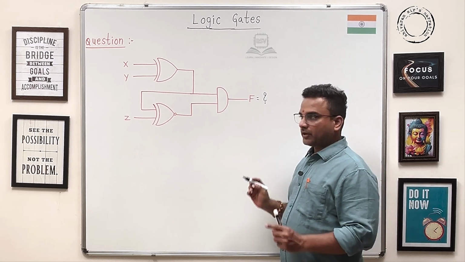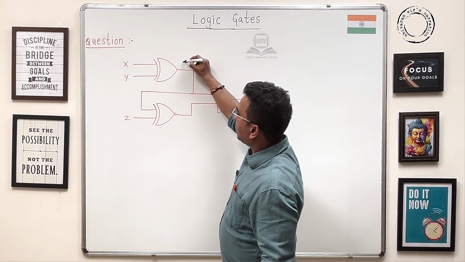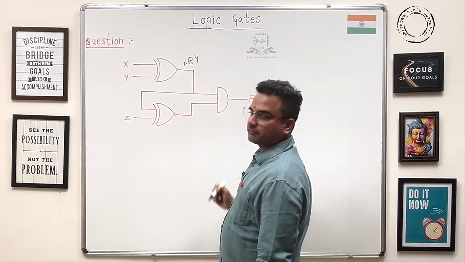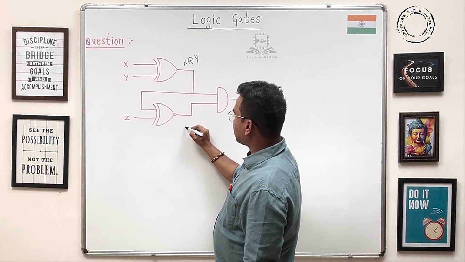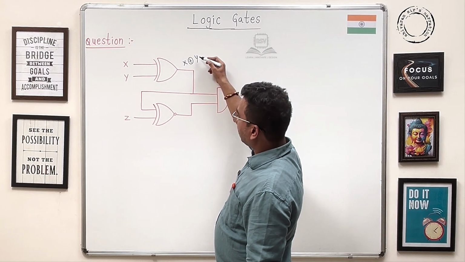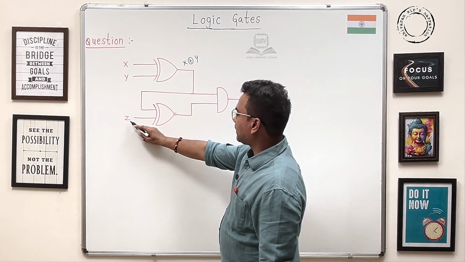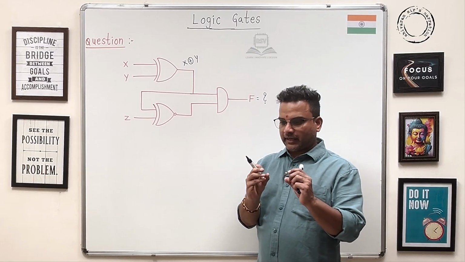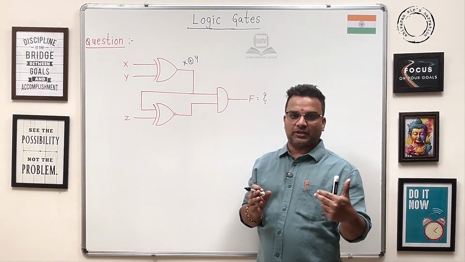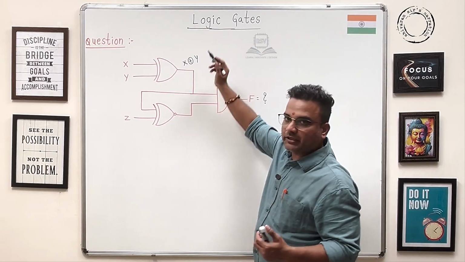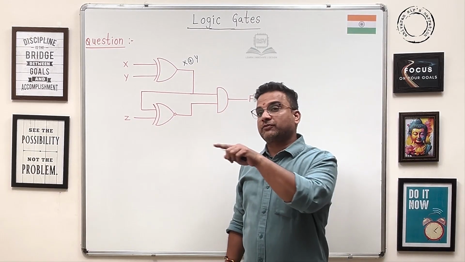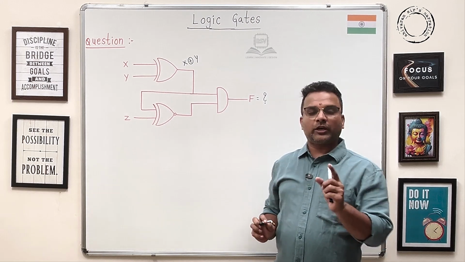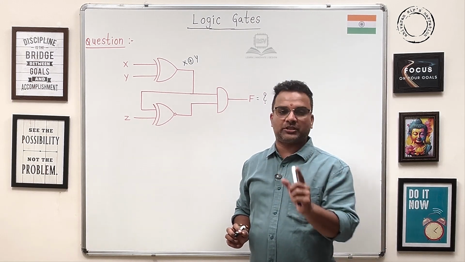Now, guys, here, this XOR gate output expression is X XOR Y. And this will be X XNOR Z. Here, you can go in a general procedure, like this X XOR Y is X bar Y plus X Y bar, and again doing XNOR operation. Instead of that, you can go in a straightaway procedure.